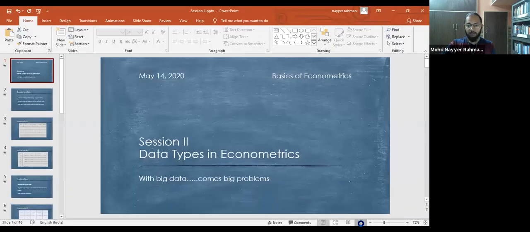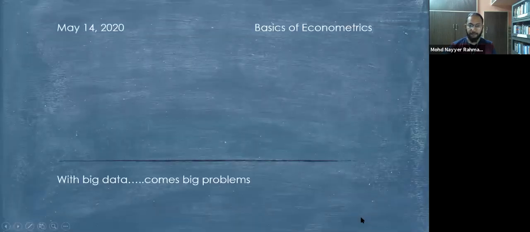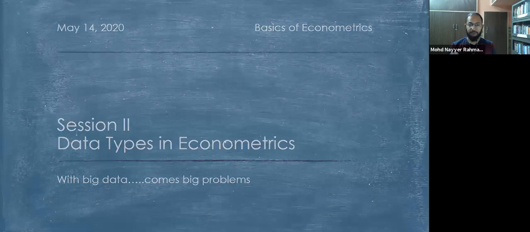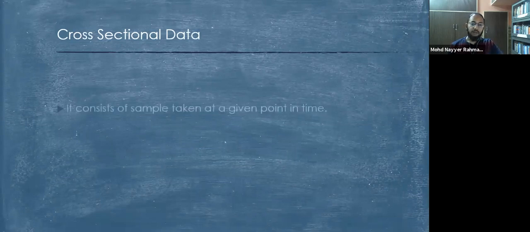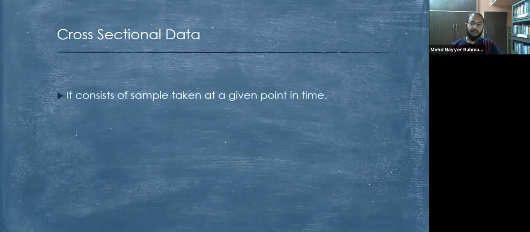So we are going to start the data types in econometrics, which starts with the different types of data. So we have the first type of data, which is the cross-sectional data. Okay. It is the data which is collected at a given point of time.